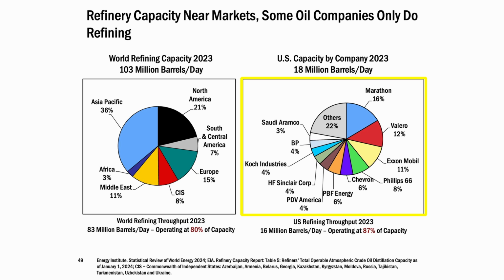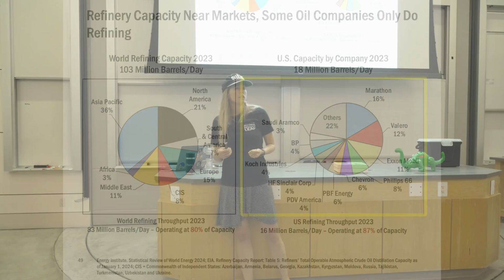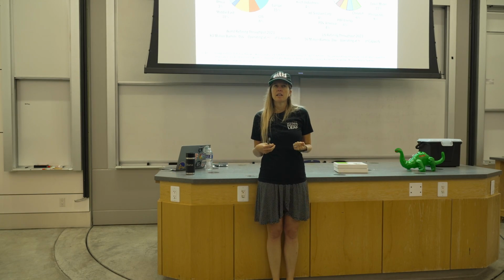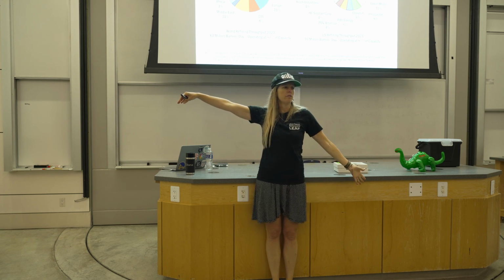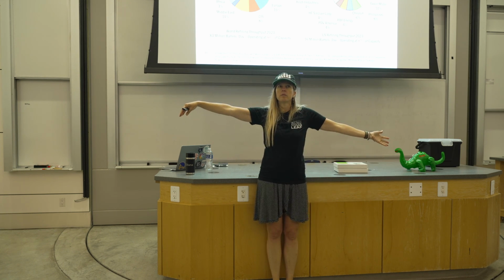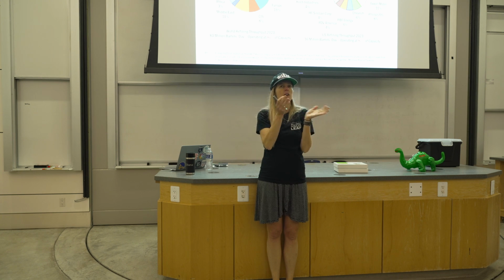It's not the ones you would typically think of, like Exxon or Chevron. The bigger refiners are more like Marathon, Valero. These are refining-only companies. So our companies like Chevron and Exxon Mobil, those are vertically integrated. They do everything from finding the oil to refining it, to selling it to consumers. Companies like Marathon and Valero, they just do the refining piece.